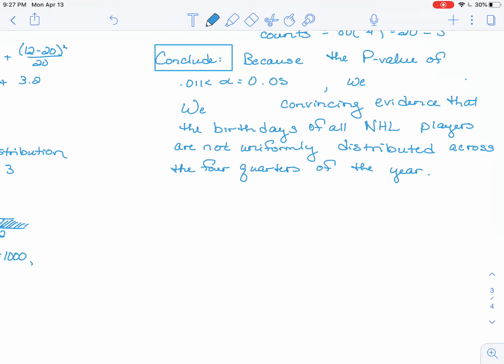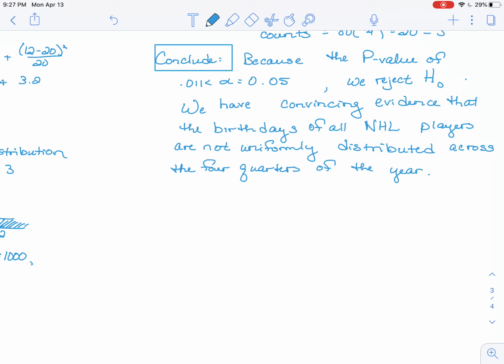So because our p-value of 0.011 is less than the level of significance that we said at the beginning, you always make your decision first about your null hypothesis. We don't continue assuming that the null is true. We don't think they're uniform anymore.